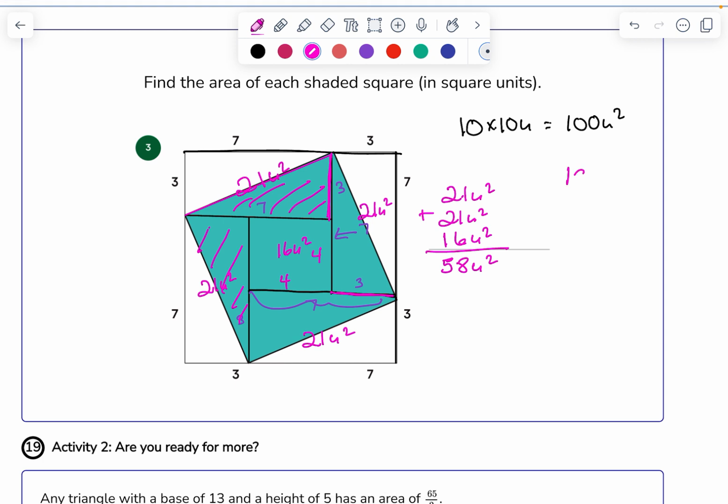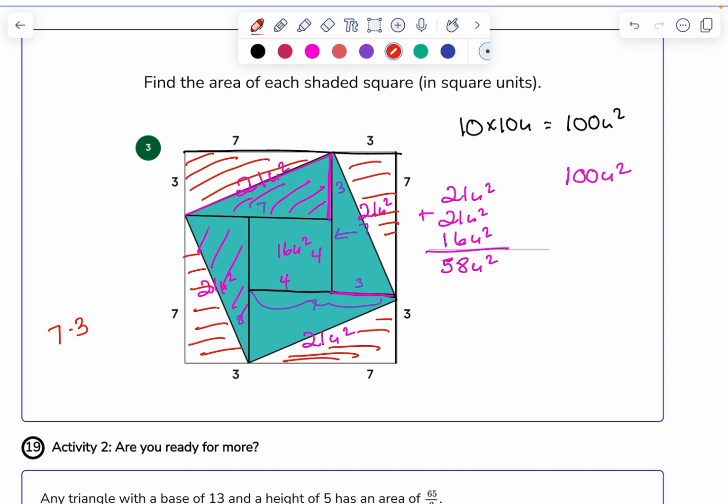Could we also think 100 units squared, and let's take away these 4 white triangles. 7 times 3 is 21, divided by 2 is 10 and a half. There are 4 triangles that are 10 and a half, which is 42 units squared.